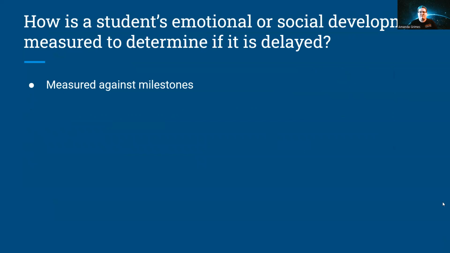So to answer some of your questions, how is students' emotional or social development measured to determine if it's delayed? Again, this is using those milestones that have been determined by doctors and institutions that would be the normal progression that a child would follow as they grow in age.